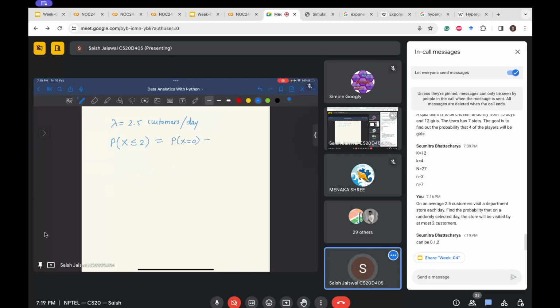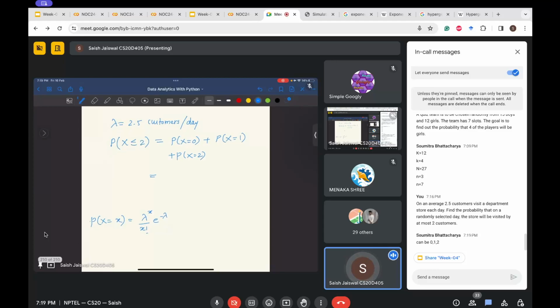to 0, plus P of X equal to 1, plus P of X equal to 2, which is nothing but substituting in the formula. So what is P of X equal to small x? Lambda to the power x upon x factorial, e to the power minus lambda.